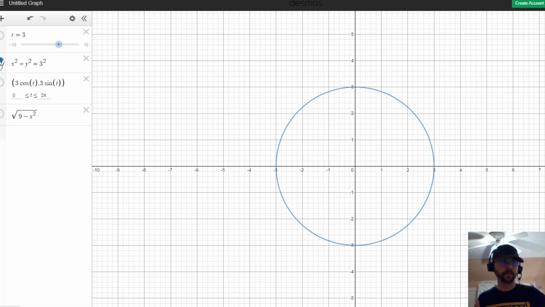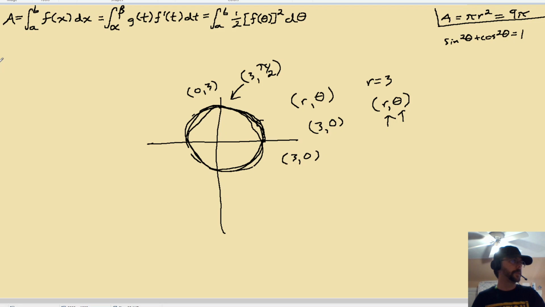But that presents a problem because when we do the integration, we want y equals something, an f of x, because we're going to have area equals the integral from a to b of f of x dx. This is f of x or y, it means the same thing, but our equation needs to be in the form y equals, so that whatever y equals, we can plug that in right here and take the integral of it.